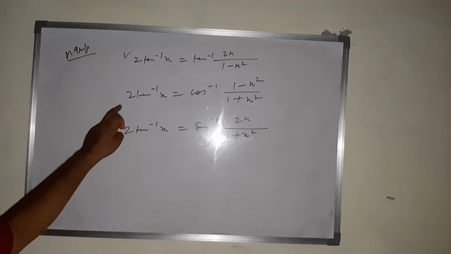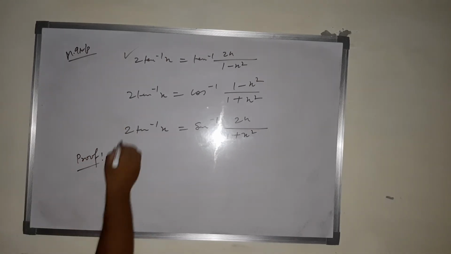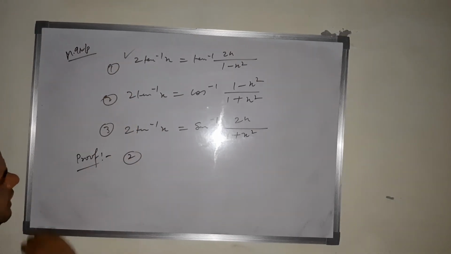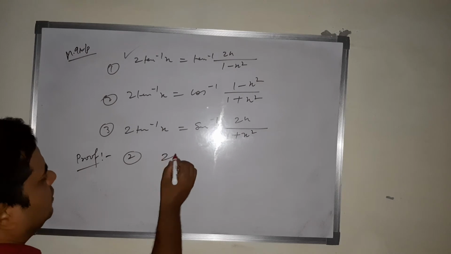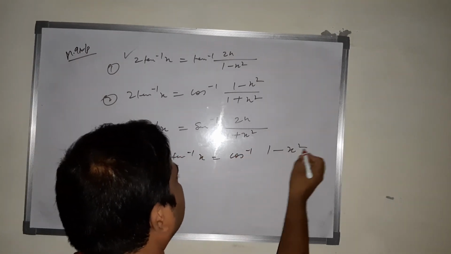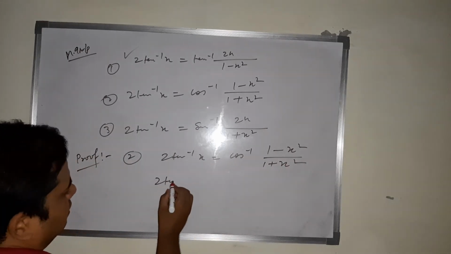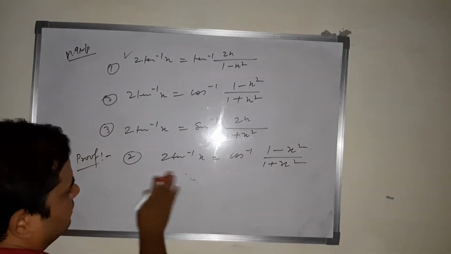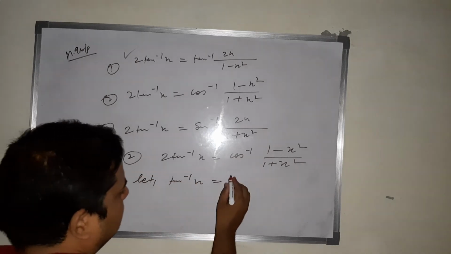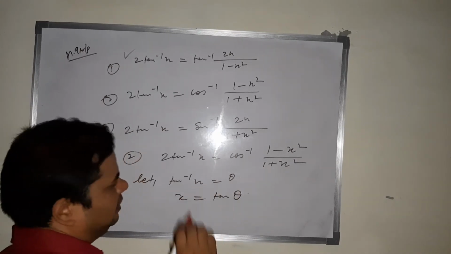So let us see these two. So proof: this is first, second, and third. Proof of the second: 2 tan inverse x is equal to cos inverse of (1 minus x square) upon (1 plus x square). So let tan inverse x be equal to theta. So x is equal to tan theta.